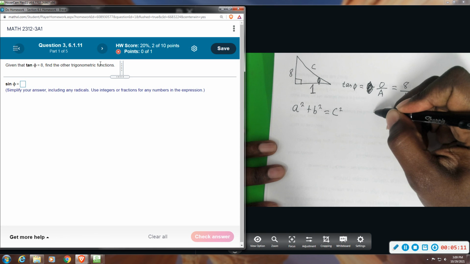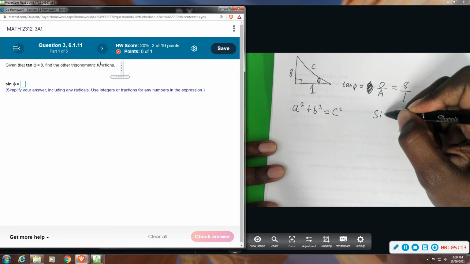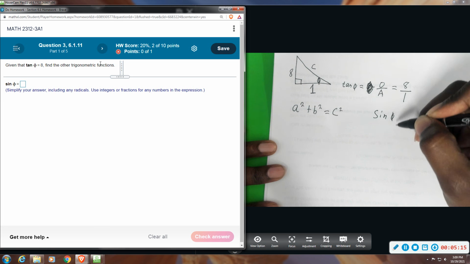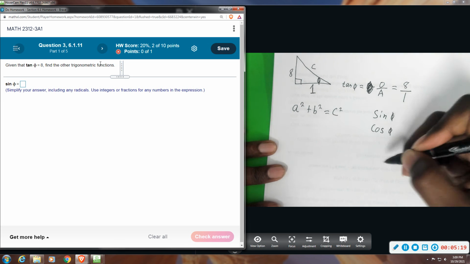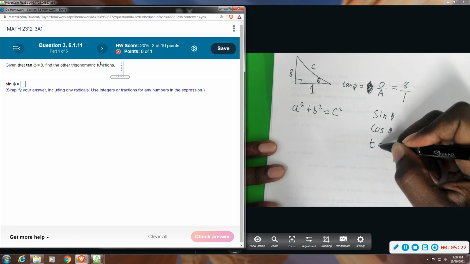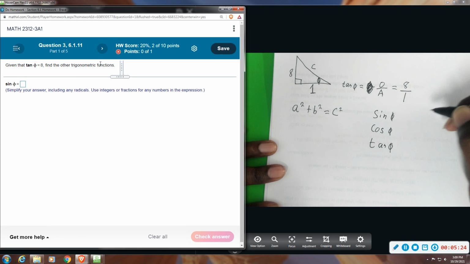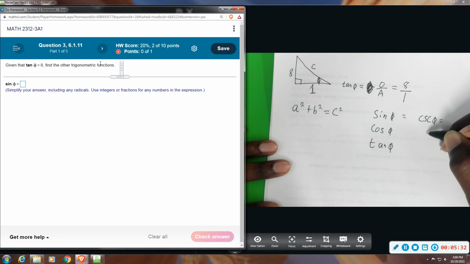What we're looking for are sine of phi, cosine of phi, and we're given tangent, and then we're going to find cosecant of phi, secant of phi, and cotangent of phi.